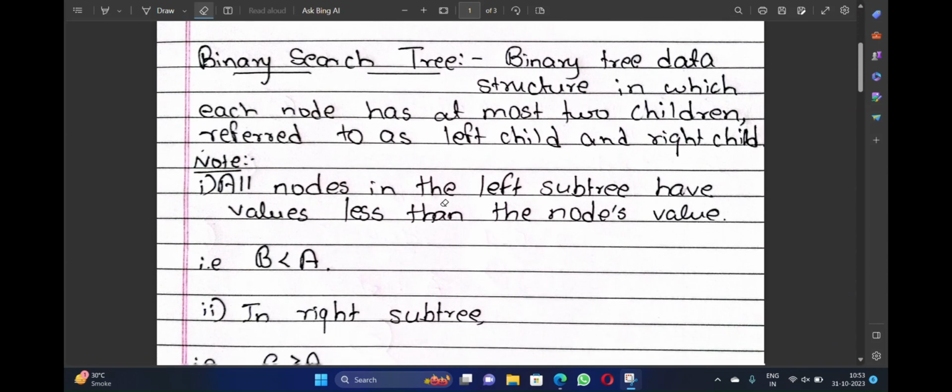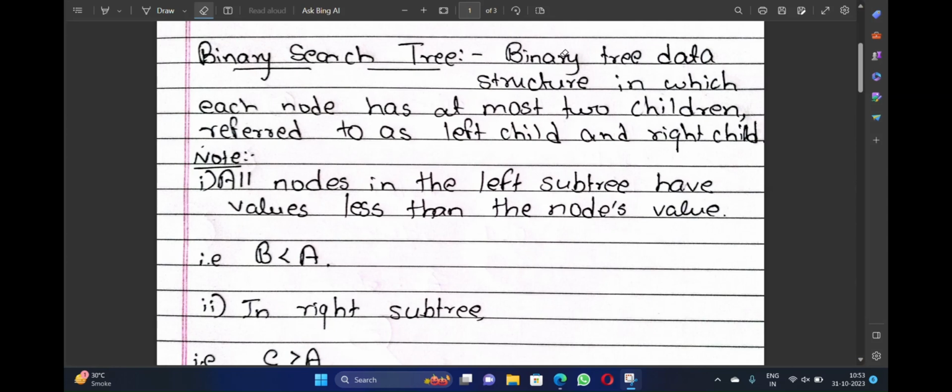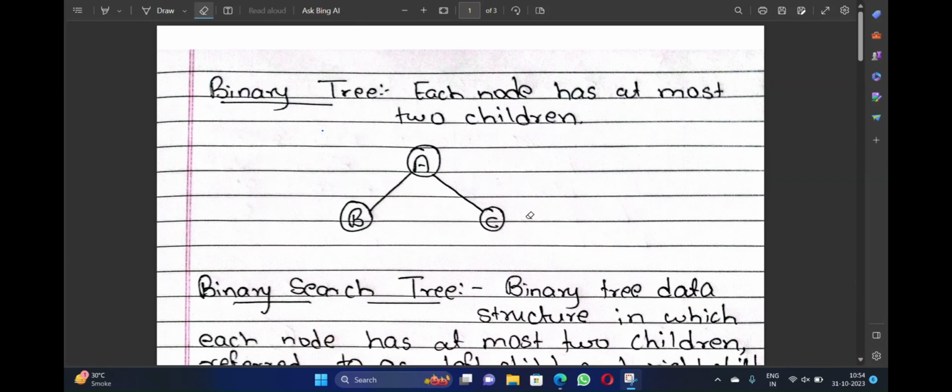Okay. What is binary search tree? Binary search tree is a binary data structure in which each node has at most two children, referred to as left child and right child. Okay, it is same as binary tree, but here's a change. Here, all nodes in the left subtree have values less than the node's value. Like this is a left subtree.